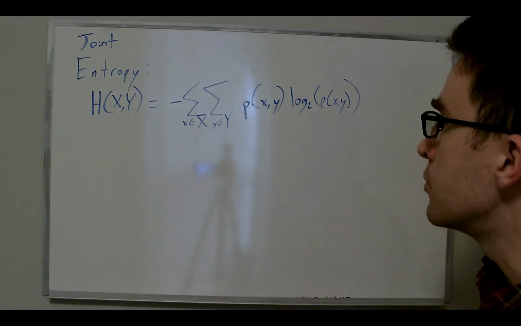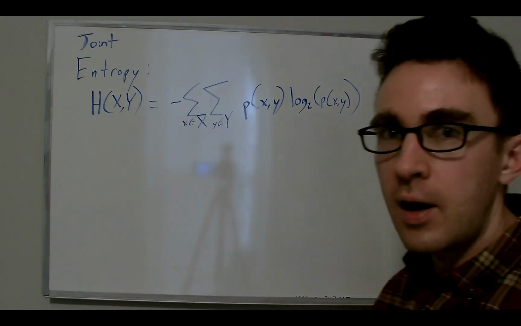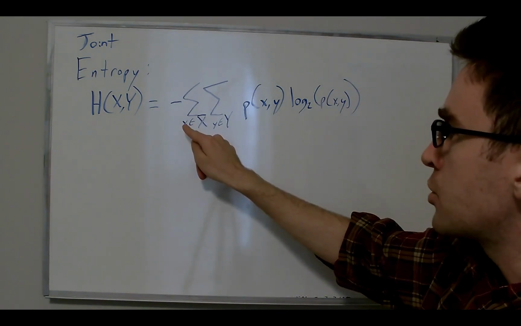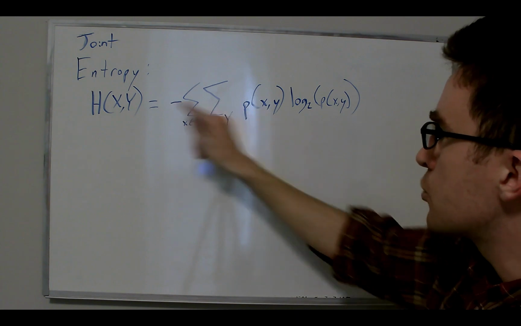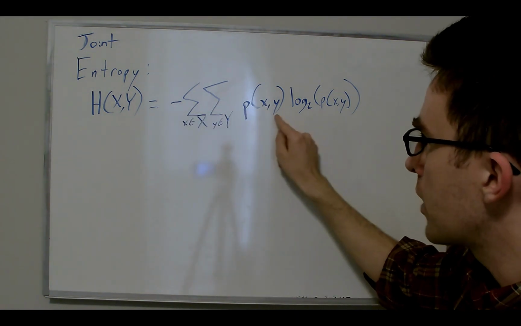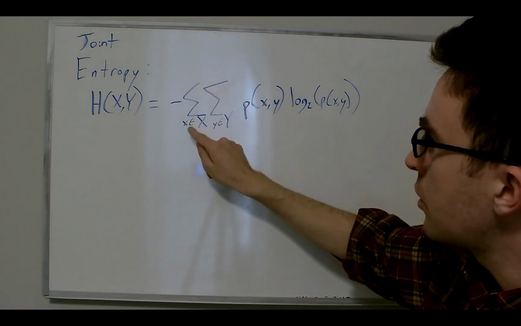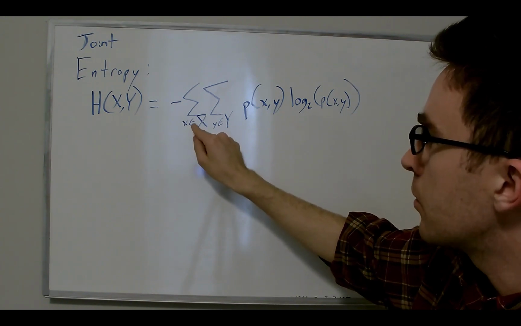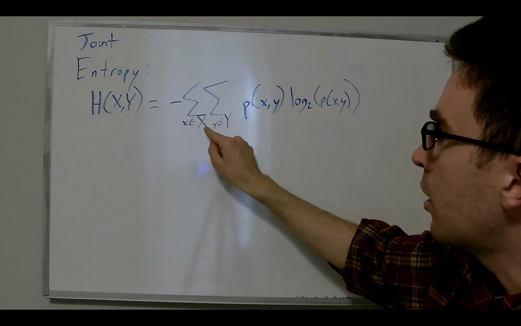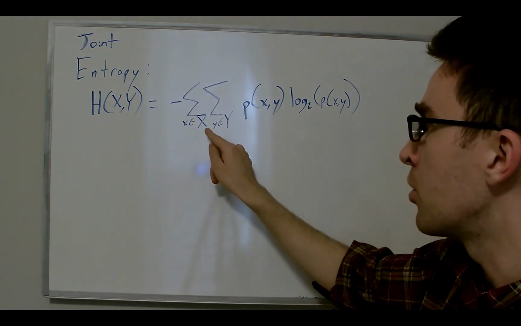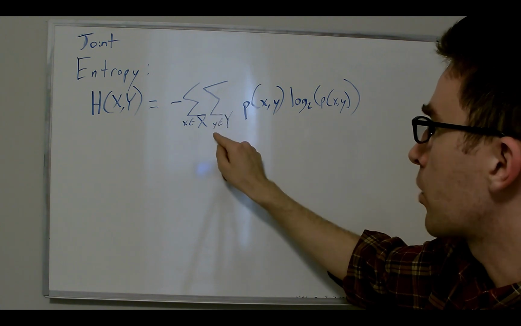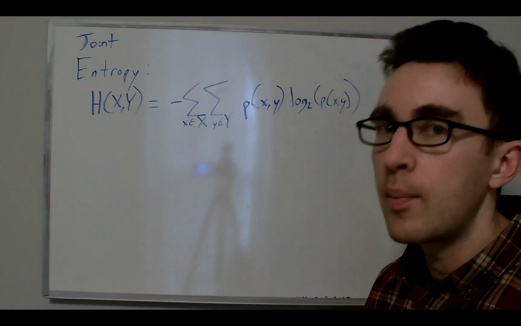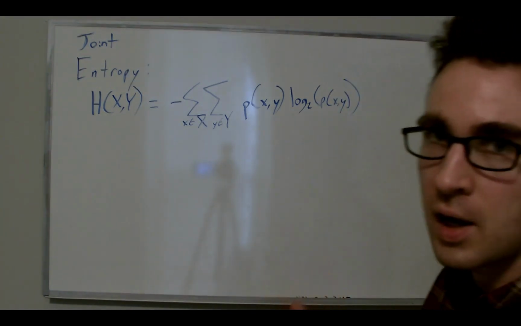Just for the notation here, I would recommend not getting too wrapped up in it. I called the actual values of these random variables lowercase x and lowercase y, and then I did the summation over all lowercase x's that are elements of the set uppercase X, which is the actual random variable, and the same thing for y: lowercase y within the set uppercase Y. But don't get too wrapped up in the notation; it's the same idea.